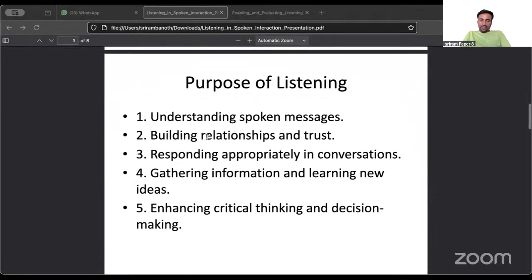Purpose of listening: understanding spoken messages, building relationships and trust, responding appropriately in conversations, gathering information and learning new ideas, enhancing critical thinking and decision making.